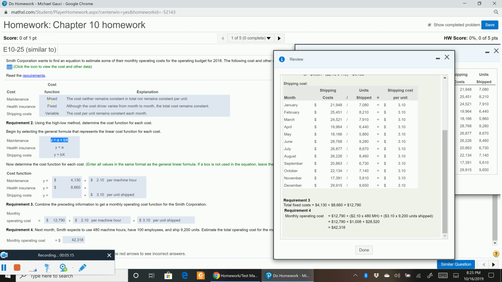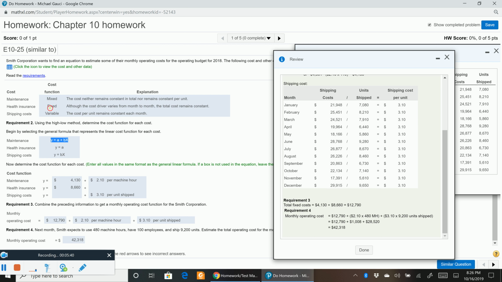So we said earlier a maintenance cost is mixed. So the formula for a mixed cost is this. Y, which represents the total costs, equals, and remember mixed are partly fixed and partly variable, A represents the fixed cost plus B represents the variable cost per unit and X represents the number of units.